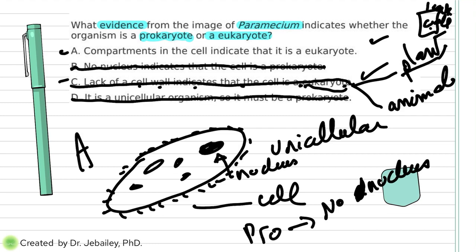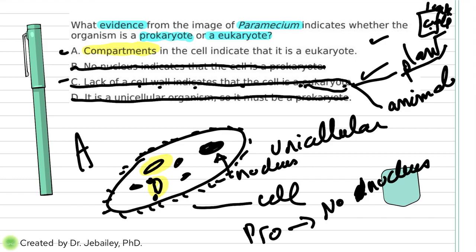But just to reassure with the sentence, the word compartment means that you are found within a wall. So for example, imagine this is a mitochondria. Mitochondria has a wall, it's making a compartment on its own. Or let's say you have a Golgi right here, right? Golgi has a wall, and this wall is a compartment. So they're basically inside of different walls, and inside those walls they are doing their own functions.